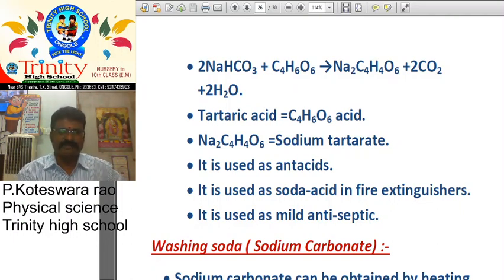Once again we want to check how many atoms are there on the left-hand side. 2 Na here, and here also Na2. How many hydrogens? Here 2 hydrogens and here 6.